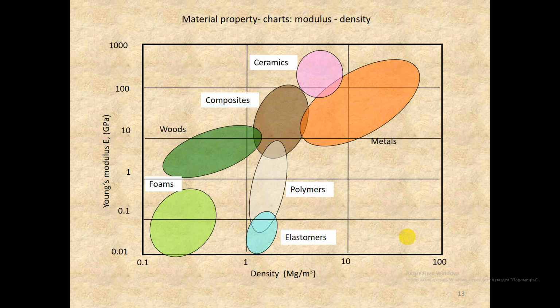However, materials that combine high stiffness, high Young's modulus, with low density, lightness are very useful in transport systems, and especially in the aircraft and automotive industries, where weight saving is of paramount importance.